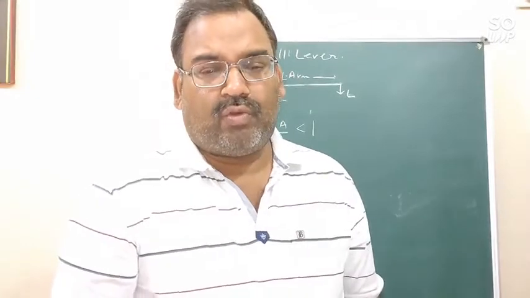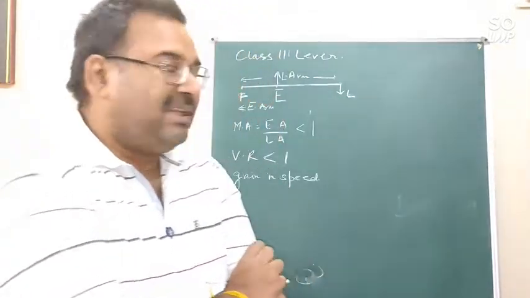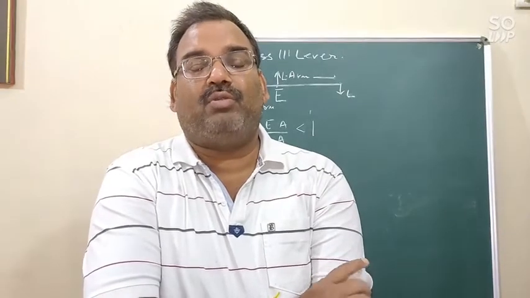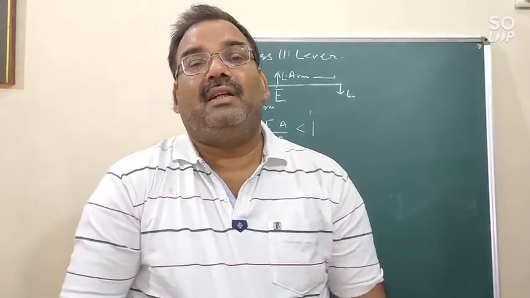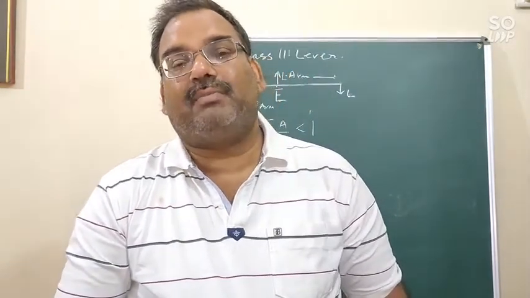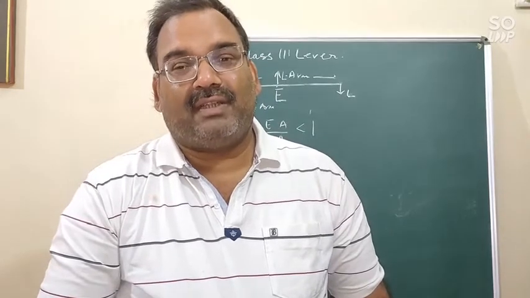So what is the use? Mechanical advantage is less than 1. Why do we need such kind of machine where we have to apply more effort than the load that can be lifted? This kind of lever is only used for two reasons. One, for gain in speed. Second, for sanitation purposes, साफ सफाई के लिए.